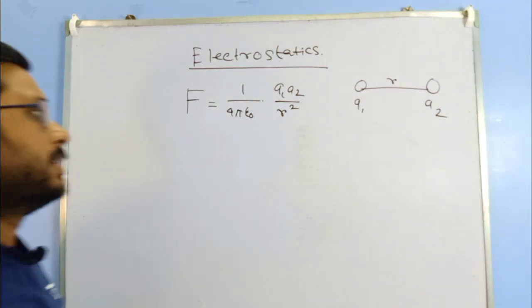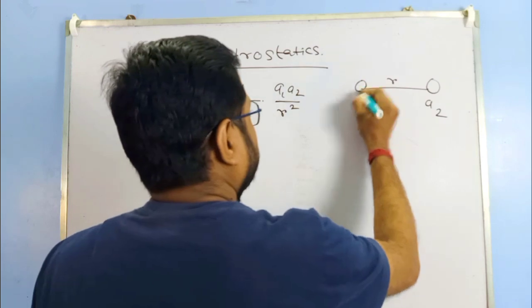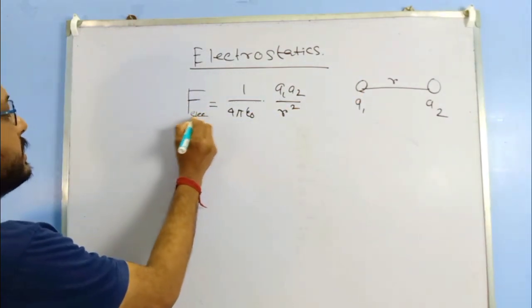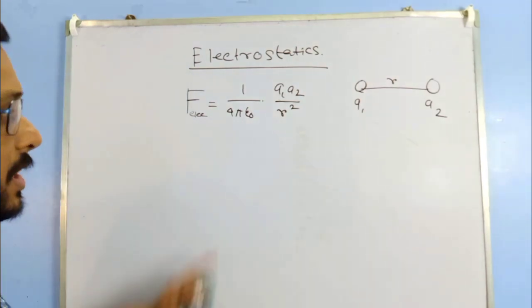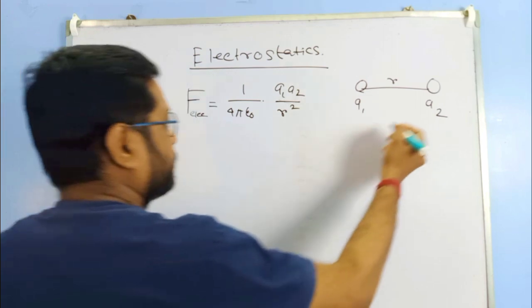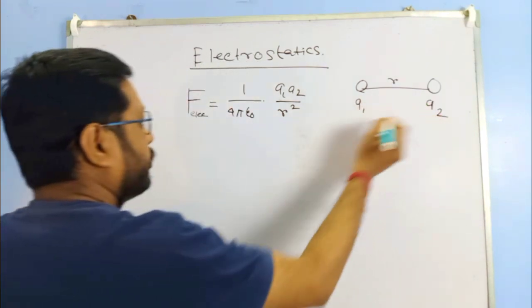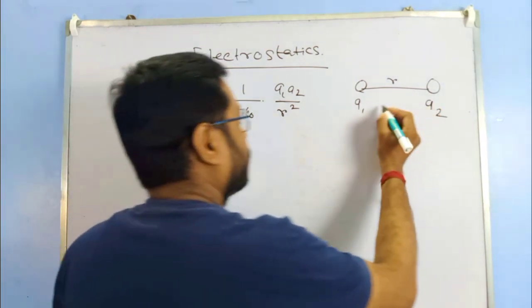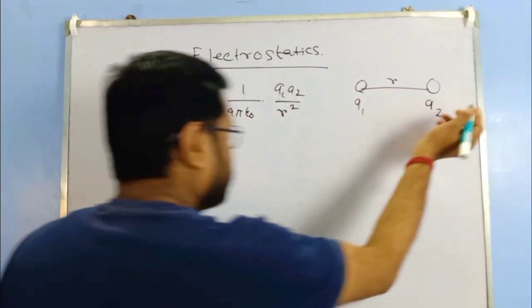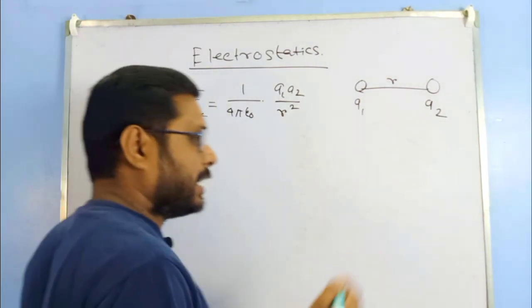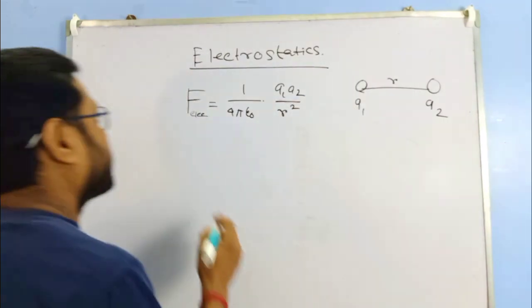This force may be attractive or repulsive depending on the charged particles. If Q1 and Q2 are of the same sign, then F will be a repulsive force, and if Q1 and Q2 are of opposite sign, then the force will be attractive. I know you know this very well.